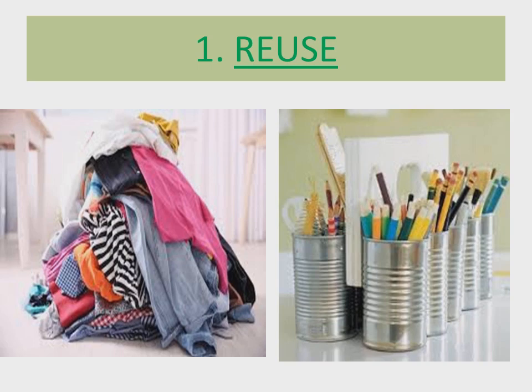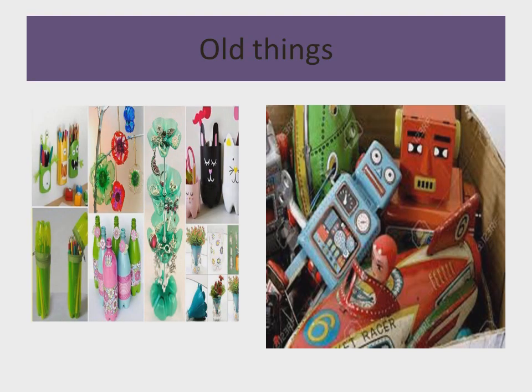So what we are doing, we are using these boxes again. We are using these clothes again. We are reusing the things. Now other old things are on your screen. You can see on the right hand there are the toys. When your toys become old, or if you are buying new toys, you can give your old toys to some other one. You can give these toys to any friend, any poor boy, poor girl.